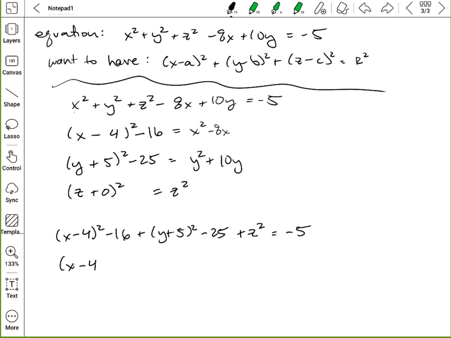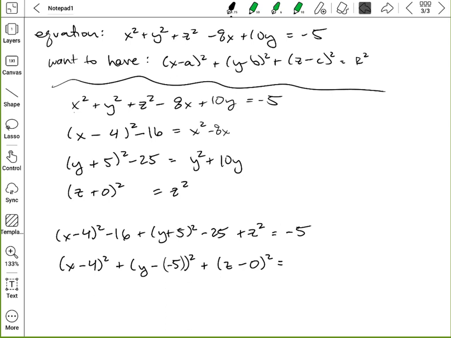I've got x minus 4 squared plus y minus 5 squared, just because the form is to have that negative. Go ahead and put it in parentheses. Maybe it looks better. And then plus z minus 0 squared. And then I'm just going to add the 16 and 25 on the other side.